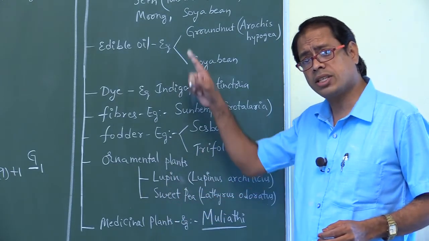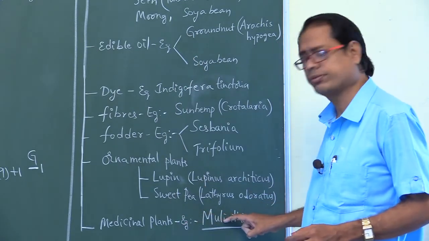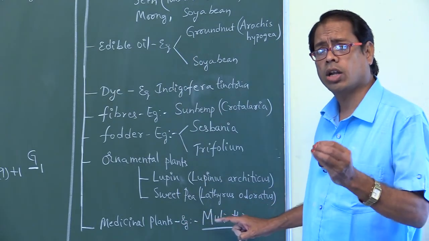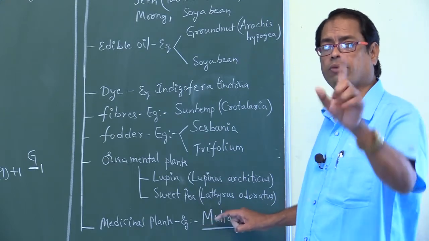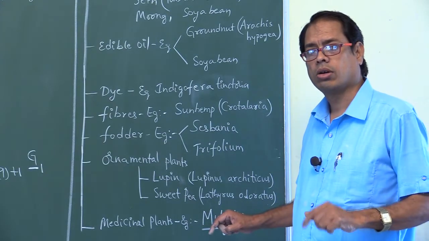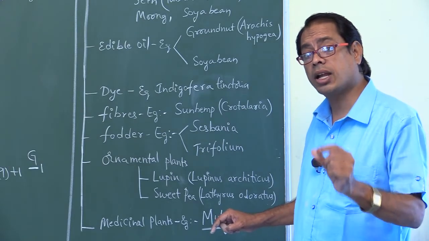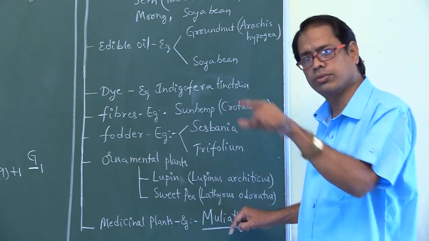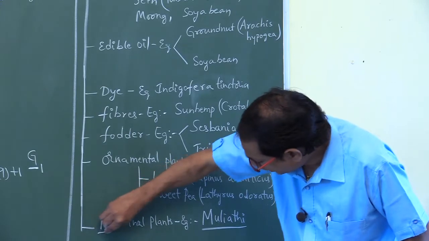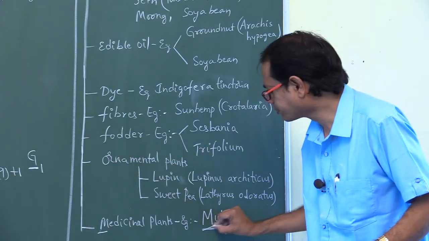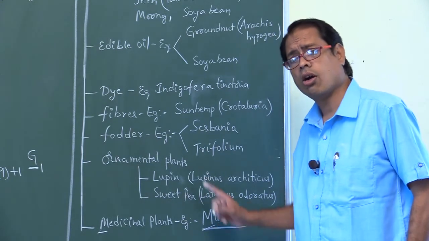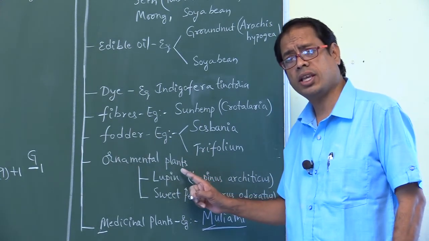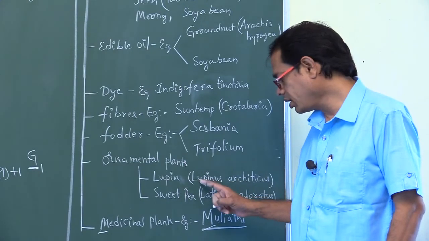Ornamental plant of Fabaceae is Mulethi, false. Medicinal plant of Fabaceae is Mulethi, true. M for M, try to remember. Ornamental plants are lupin and sweet pea.